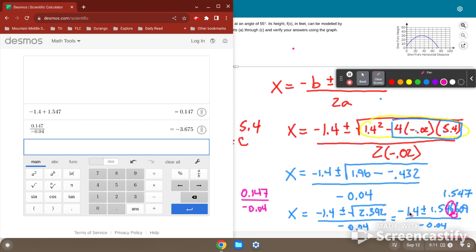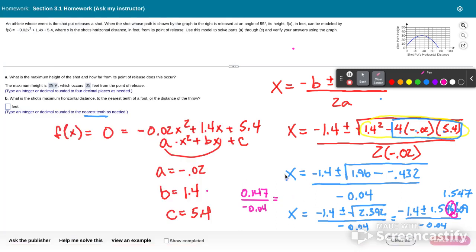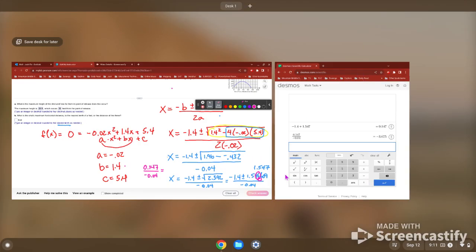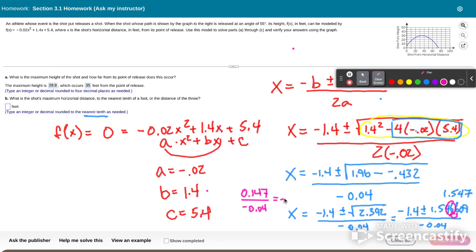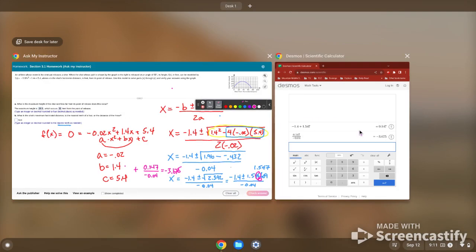So one of my answers, the plus version of this answer, is equal to, I have a terrible memory, sorry, negative 3.675. And that was the plus portion of this. So now I have to go do the minus portion. So I pull my calculator back up.